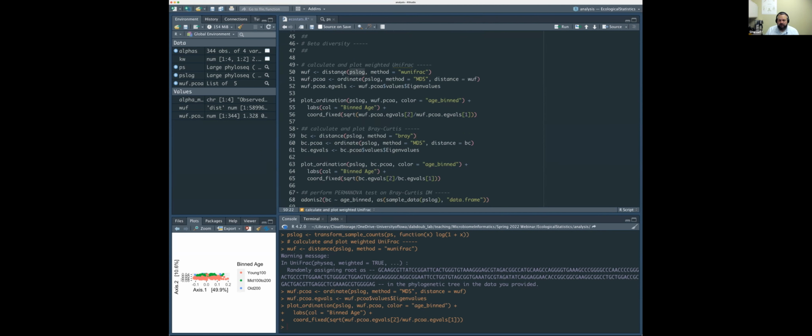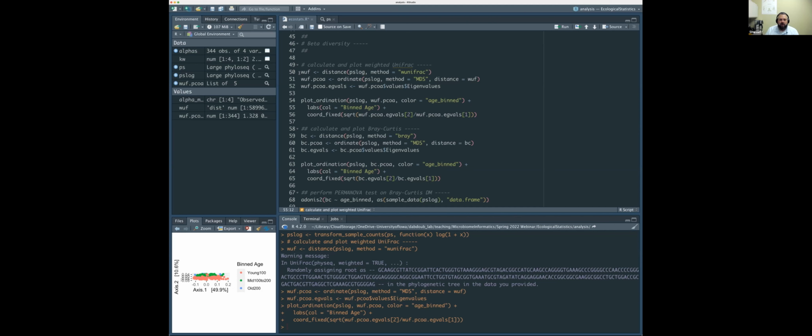So we'll go ahead and calculate the Bray-Curtis metric. Now you'll notice that it's sort of transparent, or invisible in the background. You're giving the distance function the phyloseq object, and since the distance function is provided by the phyloseq library, it knows what's inside those phyloseq objects.